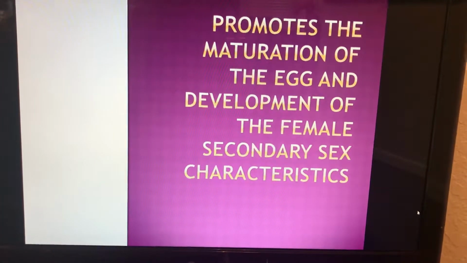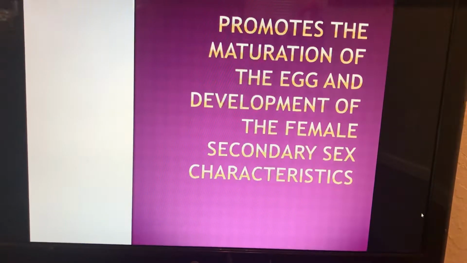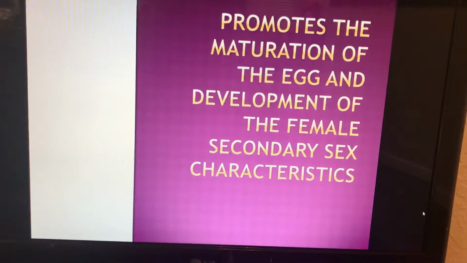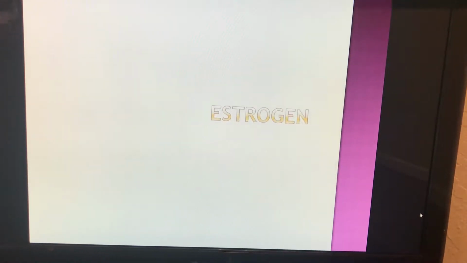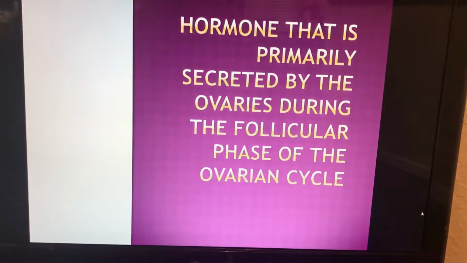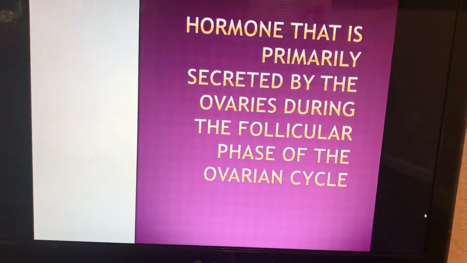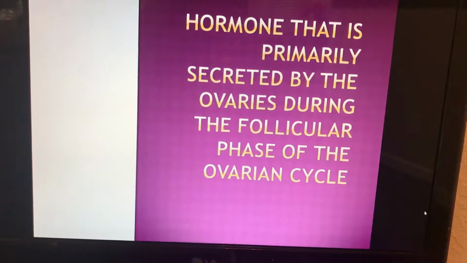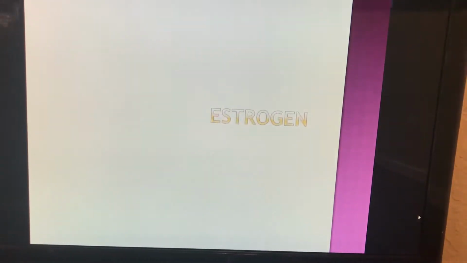Promotes the maturation of the egg and development of the female's secondary sex characteristics. Estrogen. Hormone that is primarily secreted by the ovaries during the follicular phase of the ovarian cycle. Estrogen.